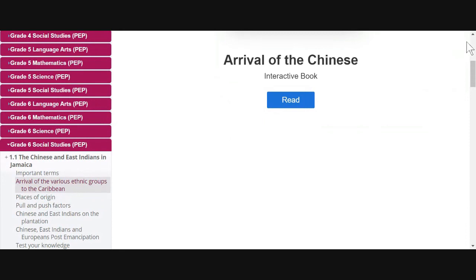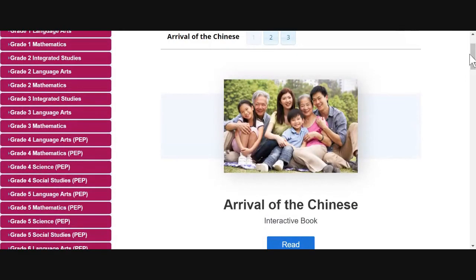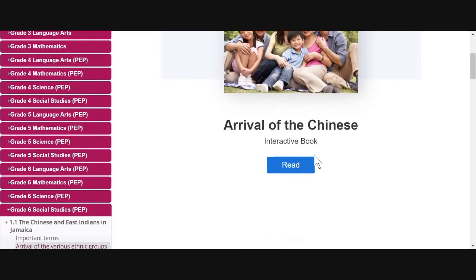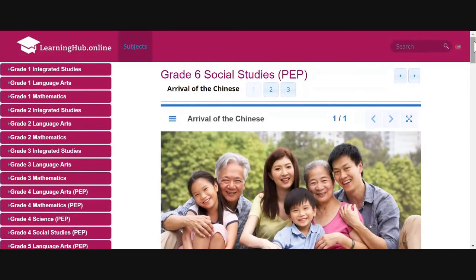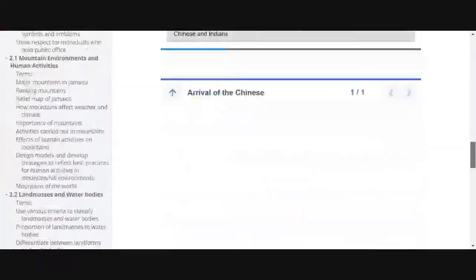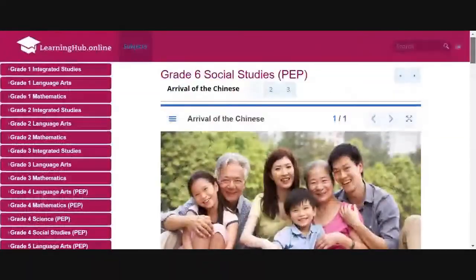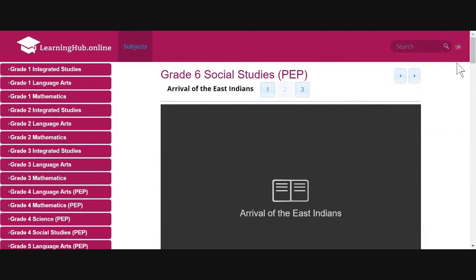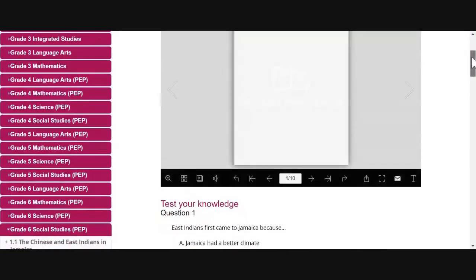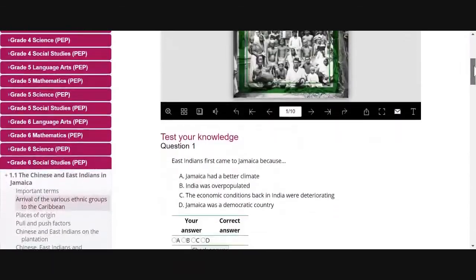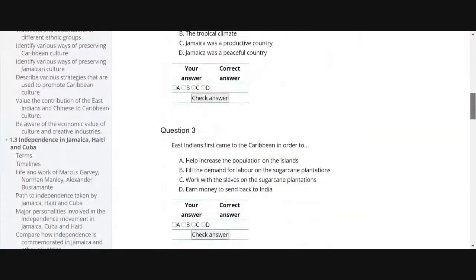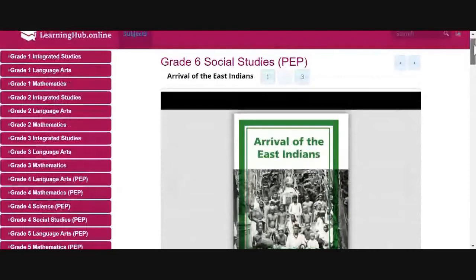All right, guys, thank you so much for joining me tonight. If you're on the Learning Hub, read up ahead of time. So here's a nice little interactive book that you can read up on the Chinese. And you have a little quiz at the end that you can use. And here is another on the East Indians. So this is a nice interactive book. Again, you can go through this in your own time, and you have a test your knowledge quiz on the system that you can use.